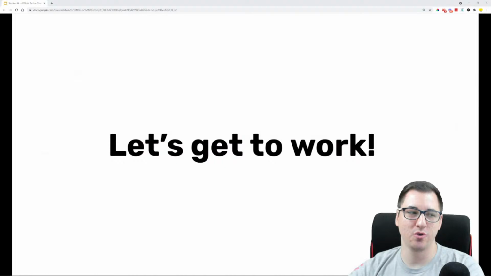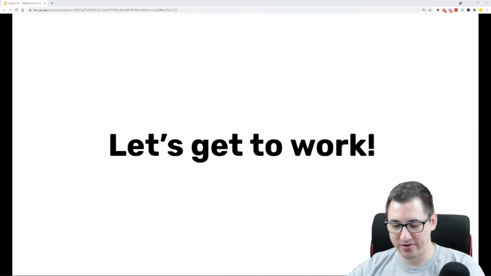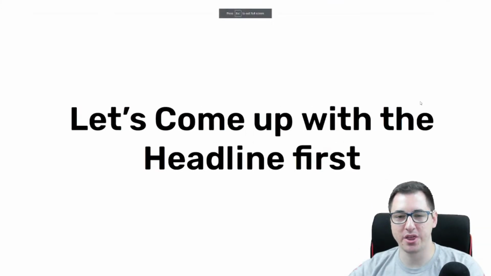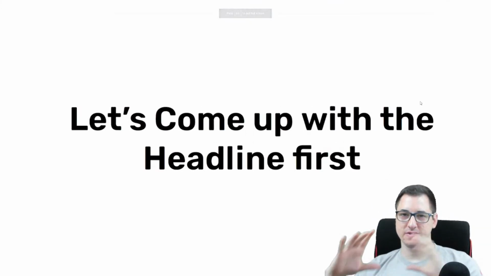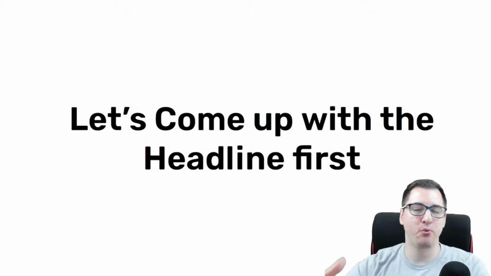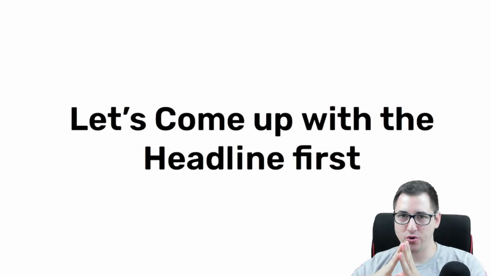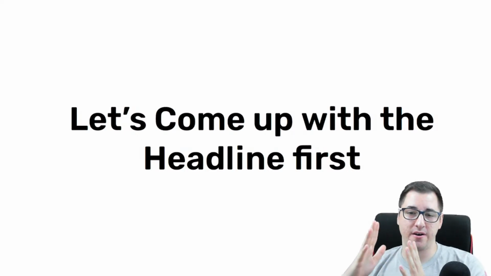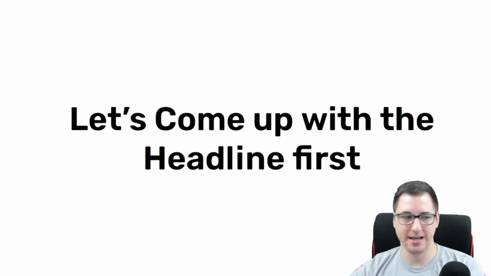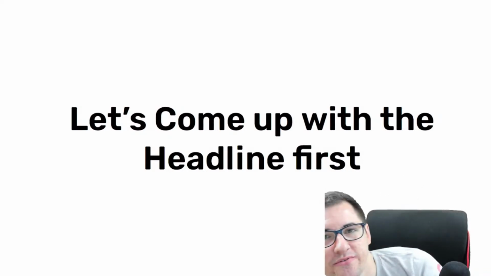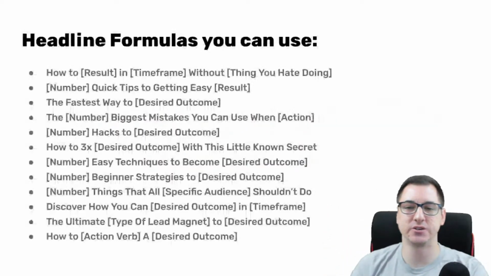So now that we know where and what we need to do, let's just get to work. So I'm going to dive in first with the first task, and we need to come up with the headline first. As you saw, we need to bring attention to our offer. Would you be promoting Groove? Would you be promoting your freebie first? We need to create a headline, and I collected a couple of different headline formulas that you could use.